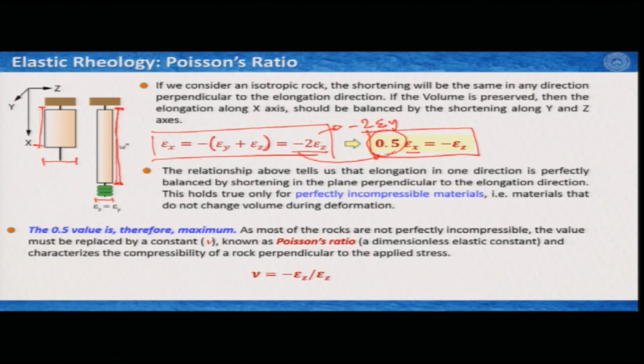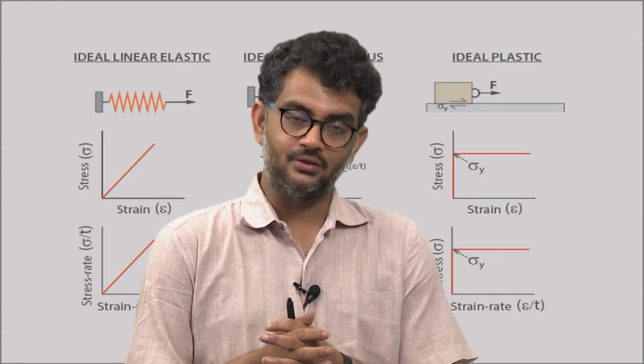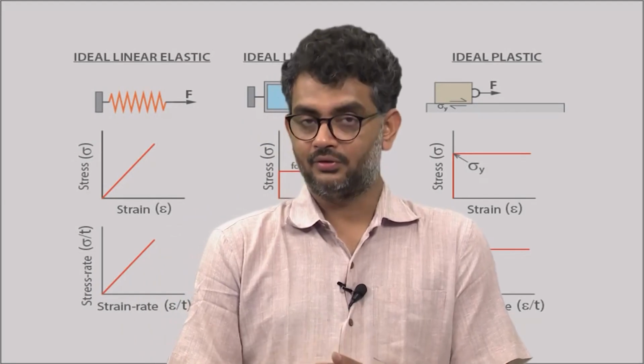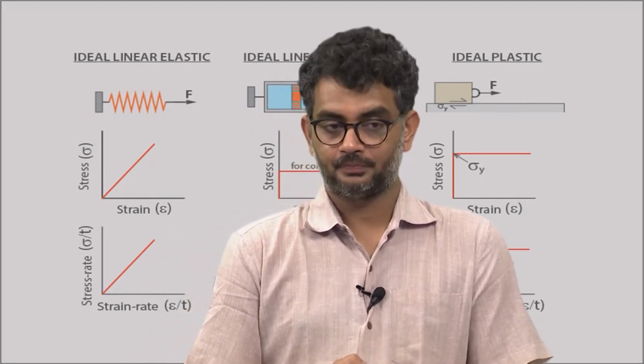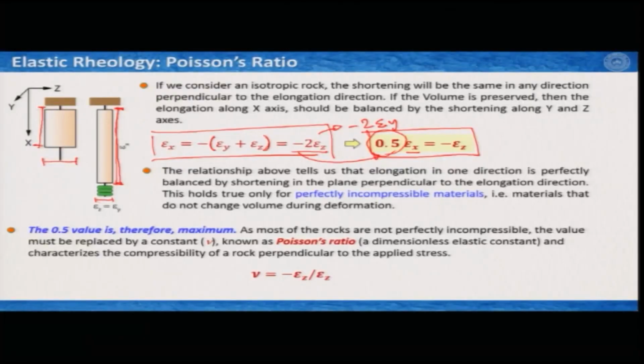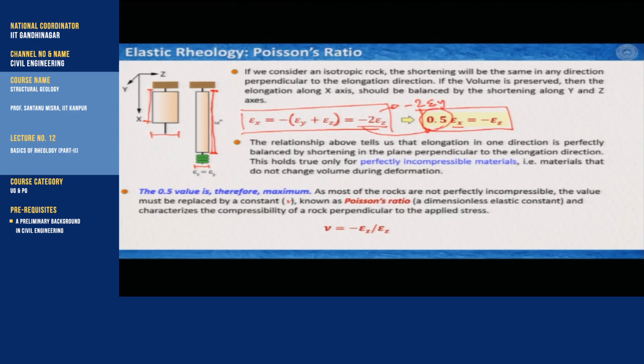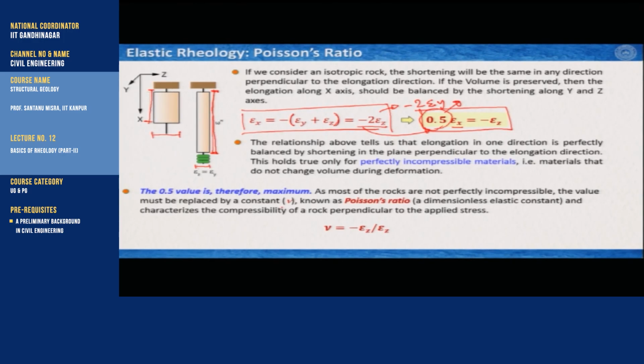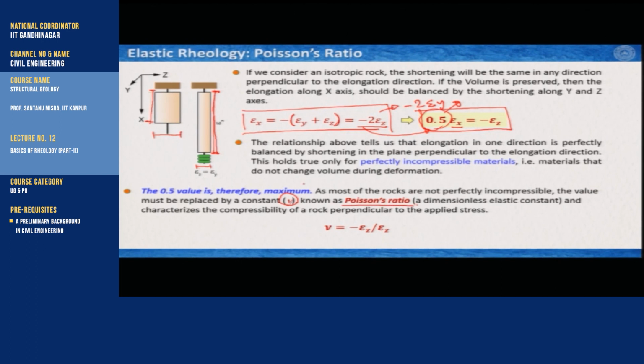So, most of the rocks we know, or we will see later, that they are not perfectly incompressible. All sorts of volume changes or compressibilities are involved where the volume shrinks. Okay. So, to account for this changing volume or compressible volume of the rock mass that we are considering, instead of writing 0.5, people do replace it with a constant, which is constant for a particular material, and this constant is known as Poisson's ratio and represented by this Greek letter nu.